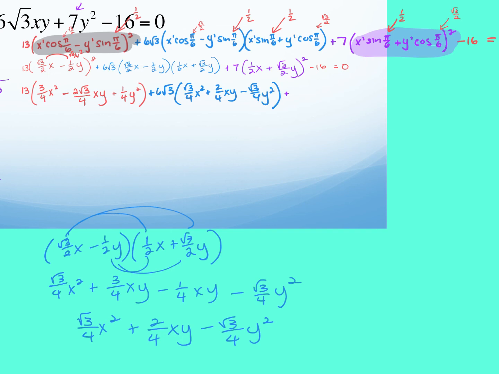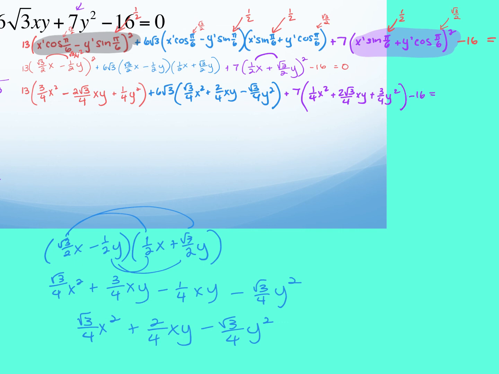Then comes the purple. 7, and this time I can use the shortcut because it's a square. 1/2 x squared is 1/4 x squared. The product here would be root 3 over 4, double it, and it's 2 root 3 over 4 xy plus root 3 over 2 squared is 3 over 4 and then y squared.